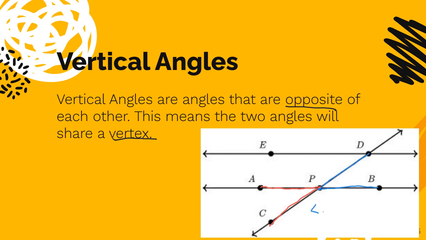So angle APC and angle DPB are vertical angles. So they are opposite of one another, and they both share point P, which would be their common vertex. So that's why P is in the middle on both of them whenever we list out our angles.